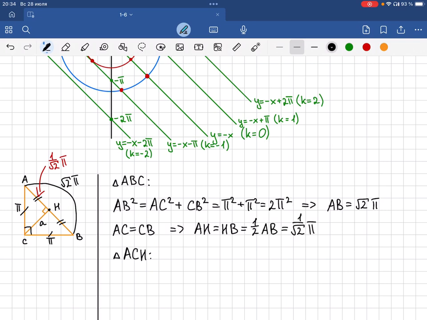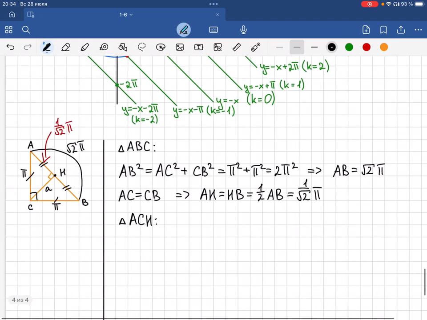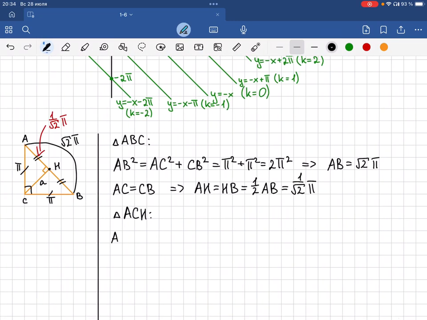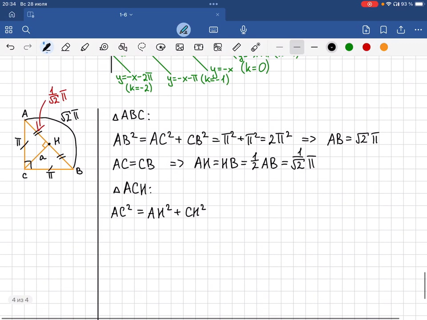And we want to find a from the triangle ACH, which is also rectangular. AC squared equals AH squared plus CH squared.